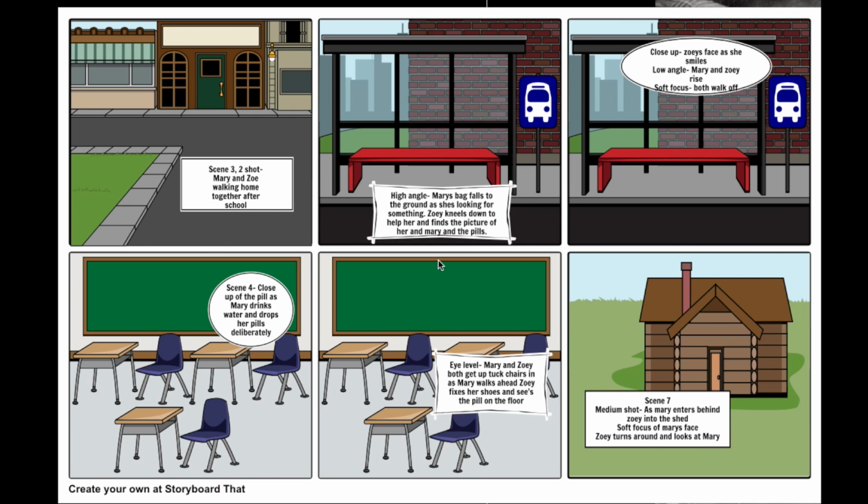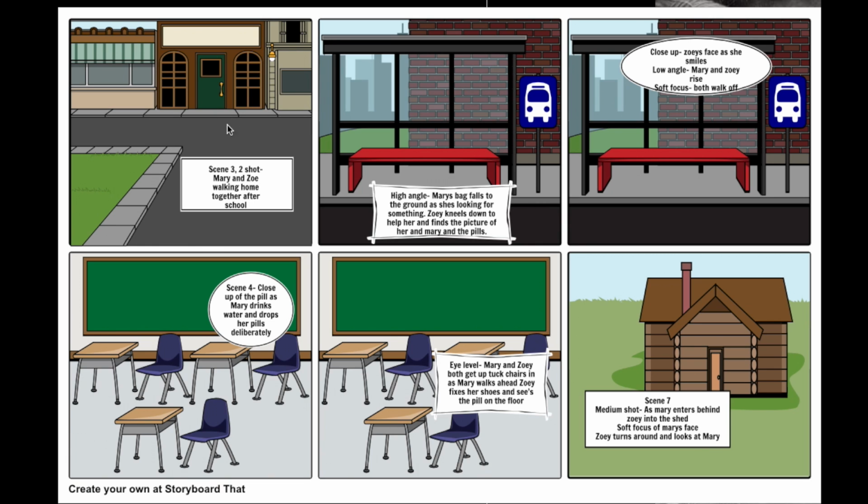So I used Storyboard That to make my storyboard. At the time, I was going to film scene 3 and 4 and part of scene 7, because me and my group, we took turns to film. As you can see, I used pictures and I used font.